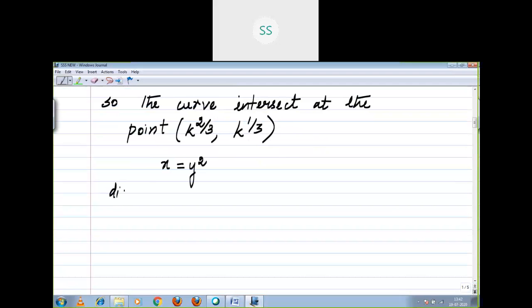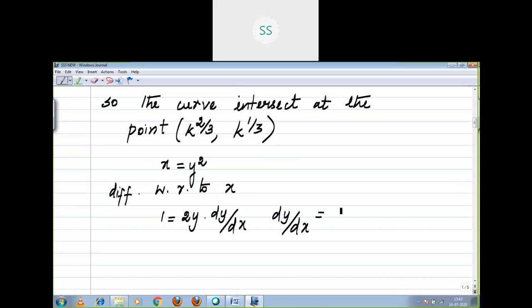Differentiating with respect to x on both sides, 1 equals 2y into dy by dx. Then dy by dx equals 1 by 2y.